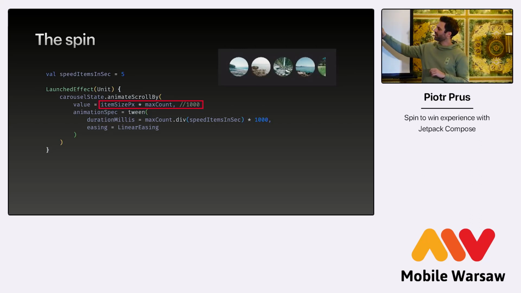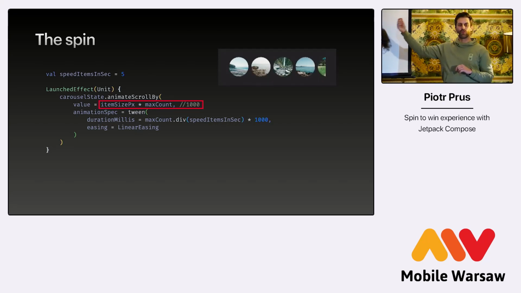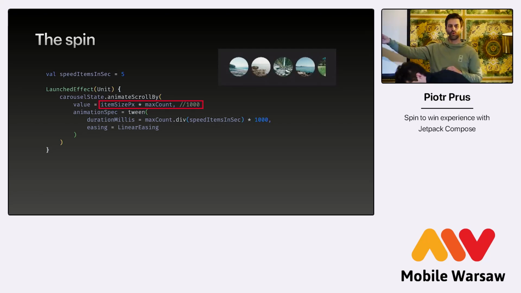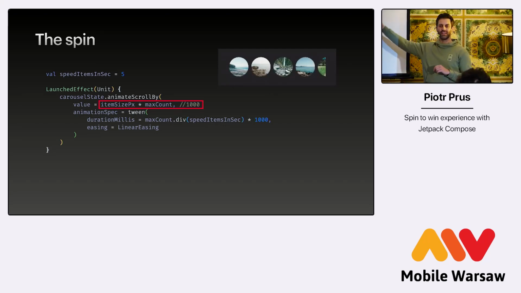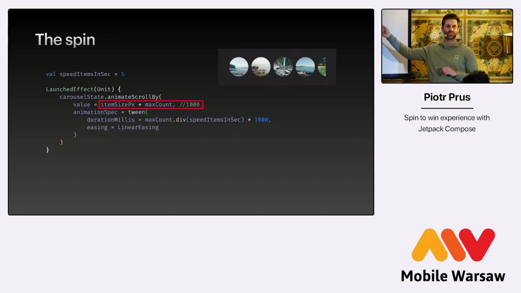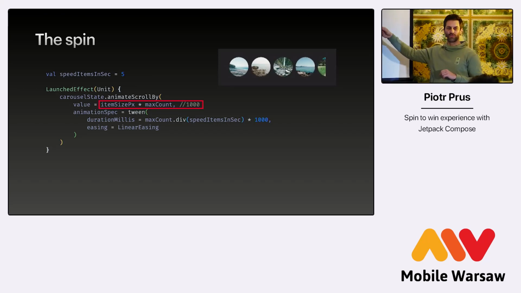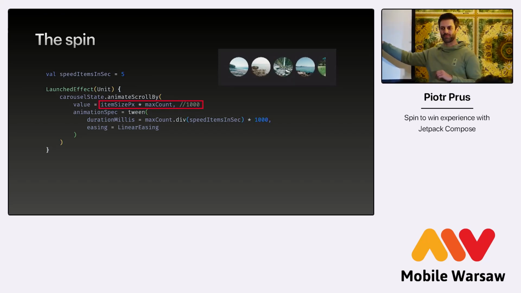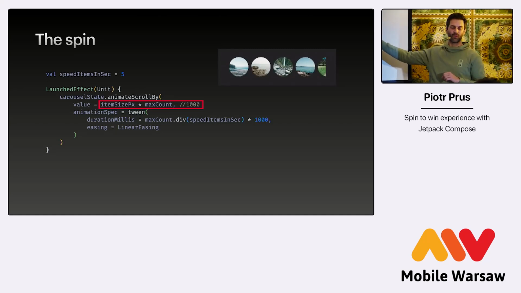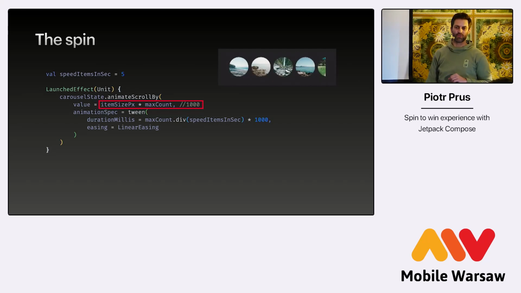So if we take 1000 items, that means that our lazy row, before it renders, needs to know where that place is. So it needs to create all those elements before it starts to spin. So for one, maybe it's not a big deal, but if I had in the feed like 20 of those auto scroll carousels, it freezes the app for a few seconds.